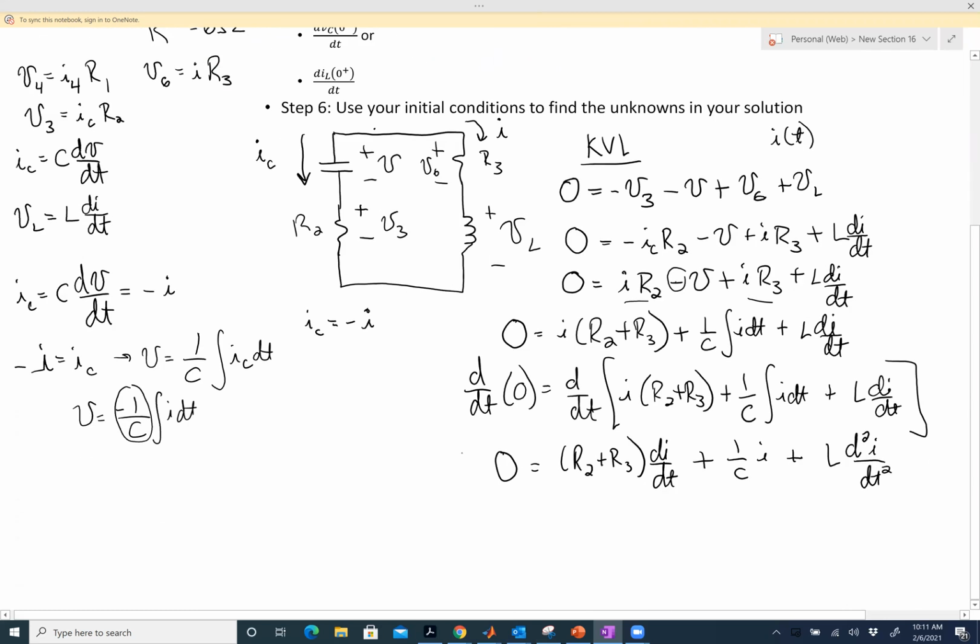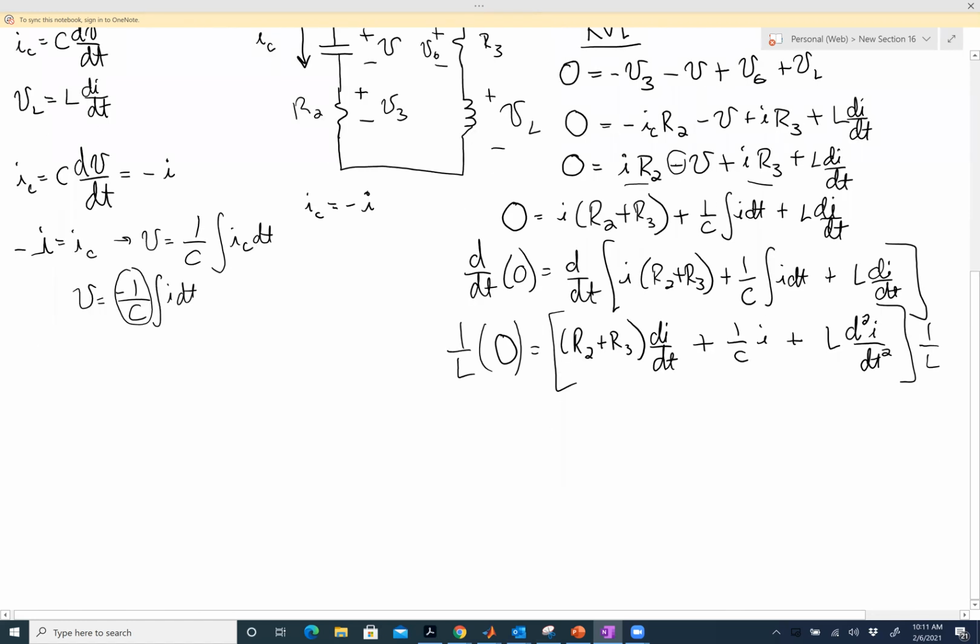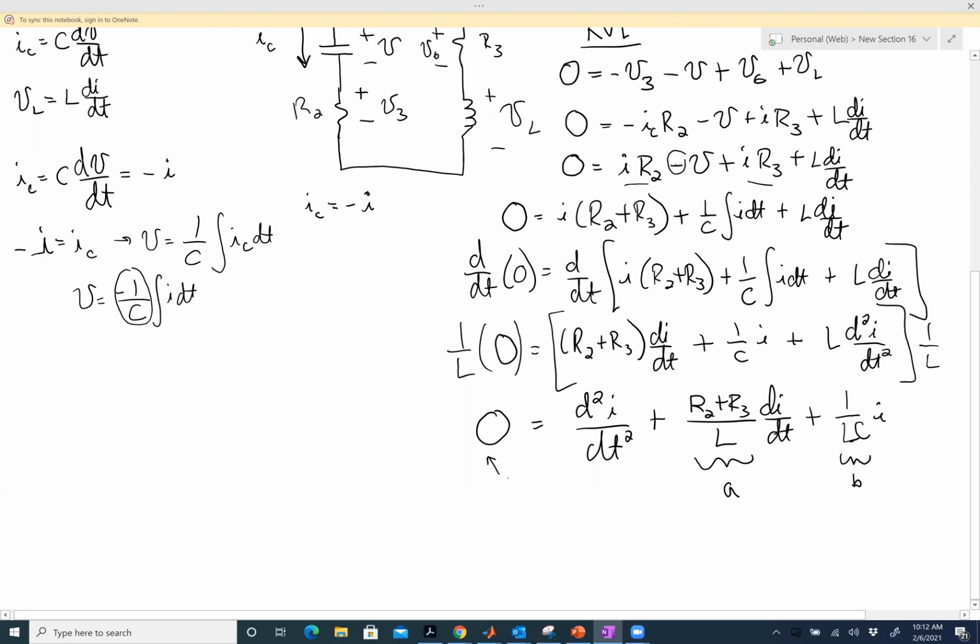So I divide both sides by L. And I say 0 equals, reorienting things here, d squared I/dt squared plus (R2 plus R3) divided by L times di/dt plus 1 over LC times I. That is in my standard form, where I call this my coefficient A, this my coefficient B, and this my coefficient C.